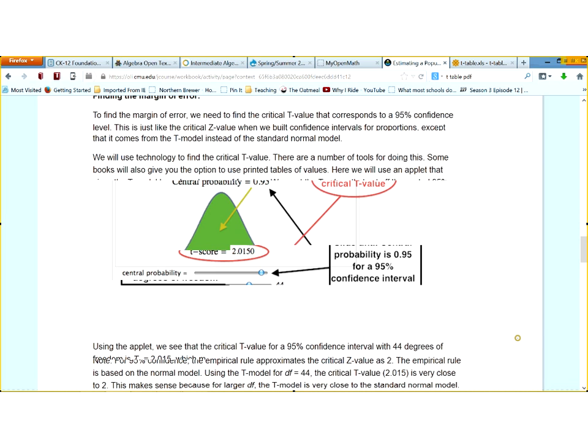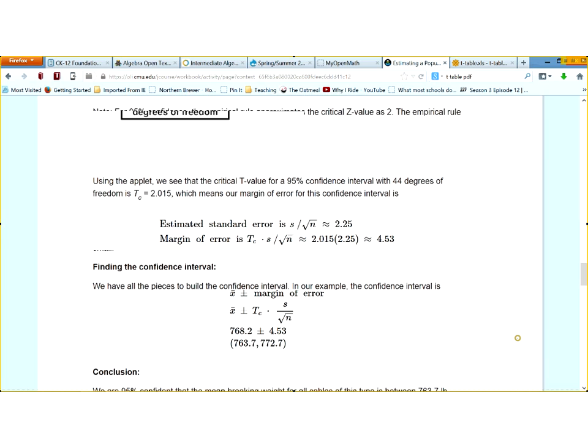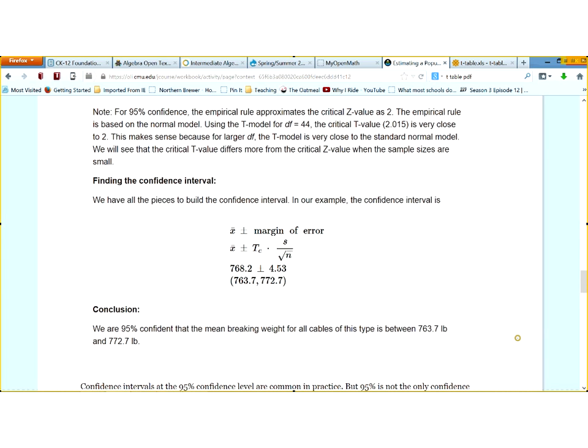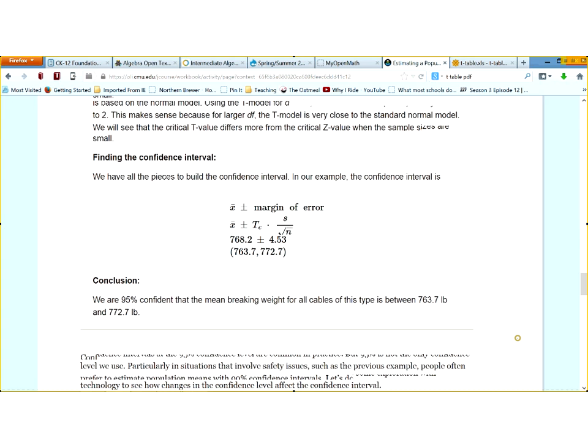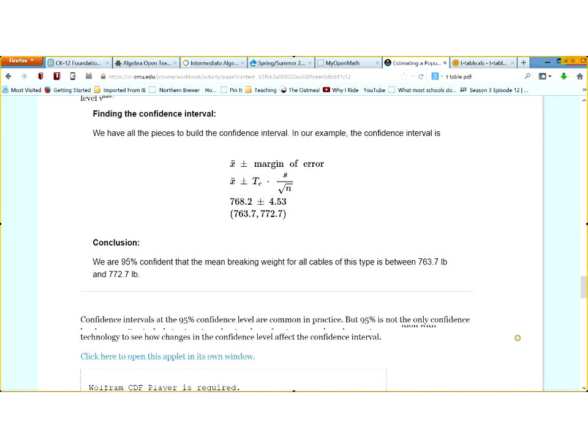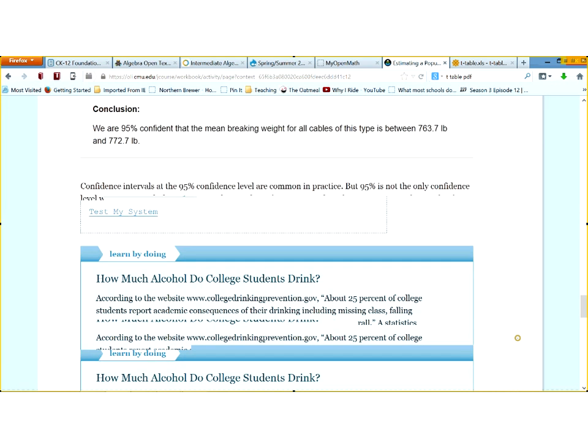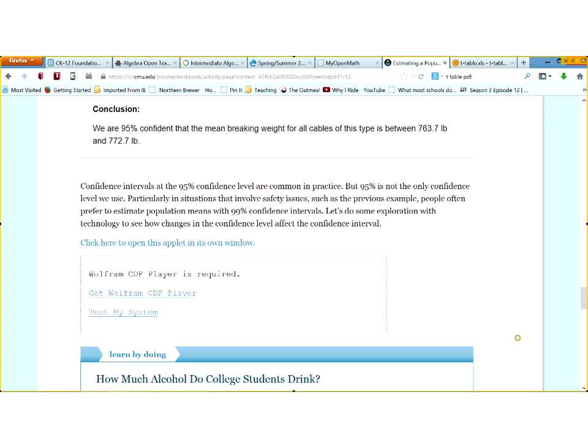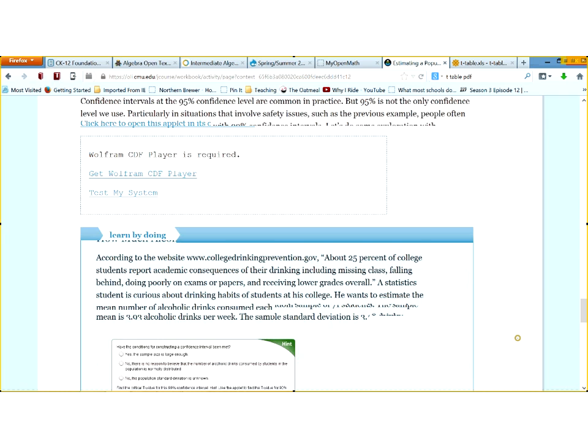And I assume they have their answer down there somewhere. There you go. 763.7 to 772.7. So the mean breaking weight should be somewhere in that range. And again, as this says here, you can use other confidence levels, but that's as simple as changing the C level on the calculator.